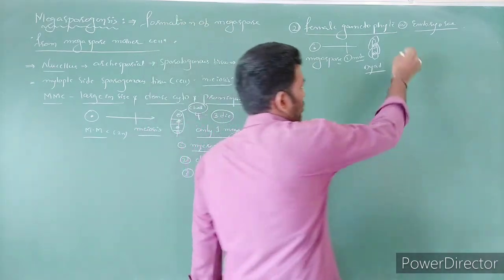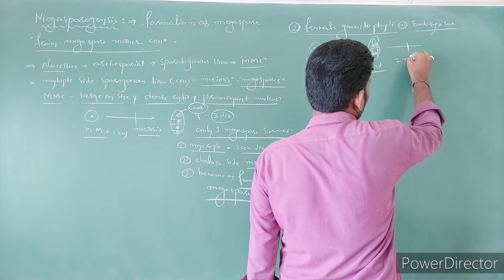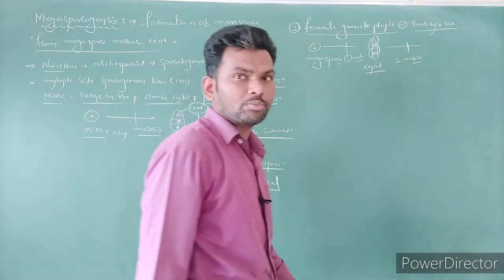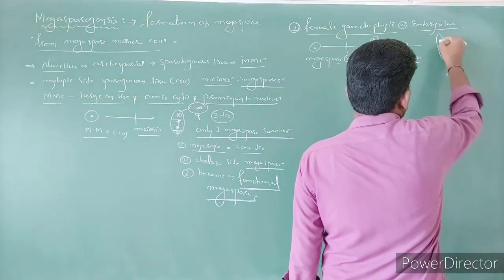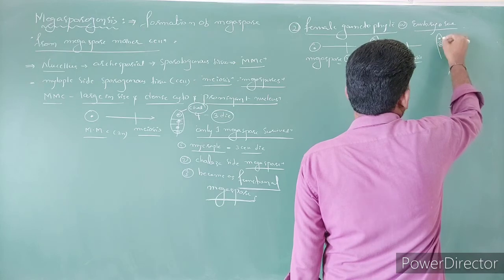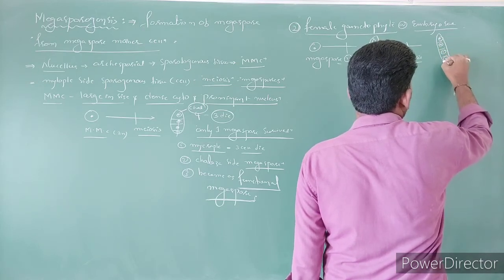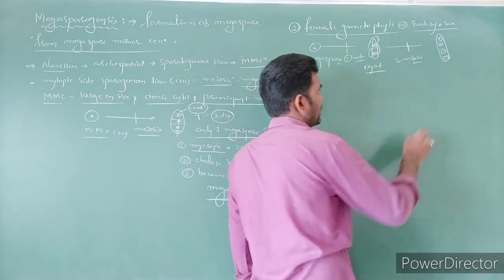Later this dyad undergoes the second mitosis and produces 4 cells. We can call it a tetrad: 1, 2, 3 and 4, 4 cells are formed. So this we call a tetrad.